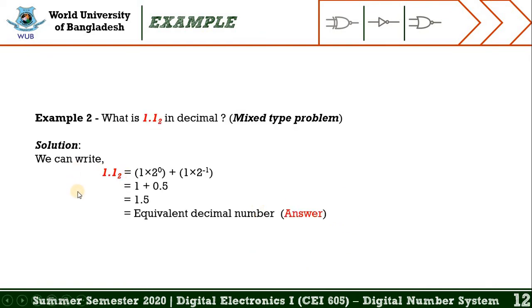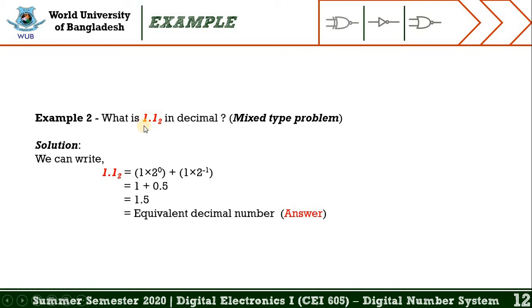This slide represents another type of example of binary to decimal conversion. If you see the question, you may notice that this is a mixed type problem, and the given binary number is not the same as in the previous slide.